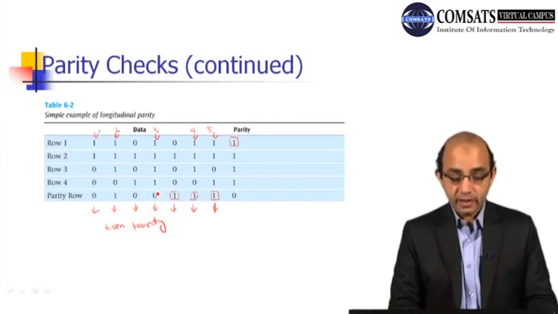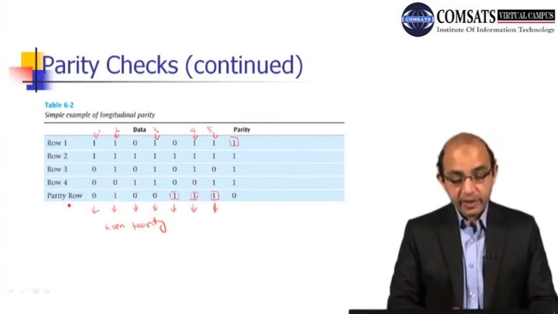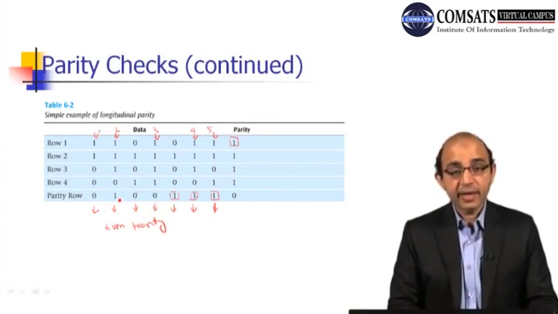Already the number of ones is even, so 0. Number of ones is even, so 0. 1, 2, 3, number of ones is odd, so in order to make it even, 1. And so this is the parity row. We can again calculate the parity for this parity row, 1, 2, 3, 4. So you can see a 0 over here.